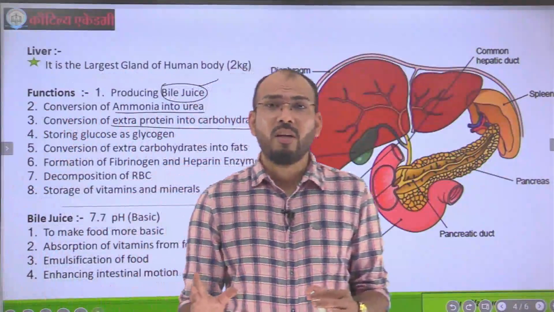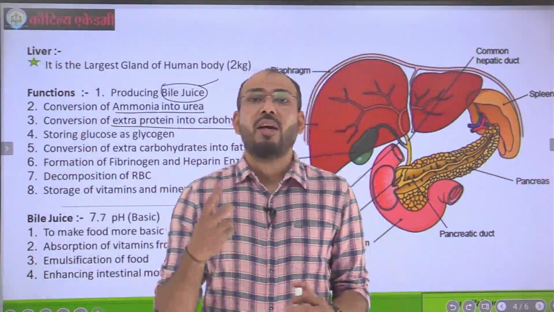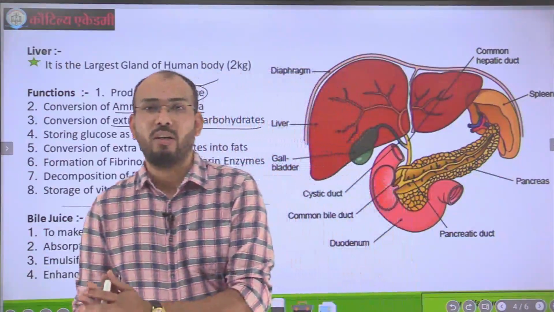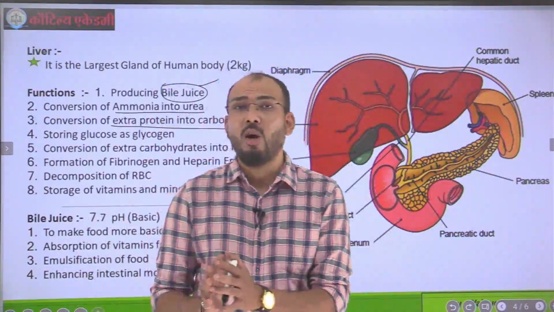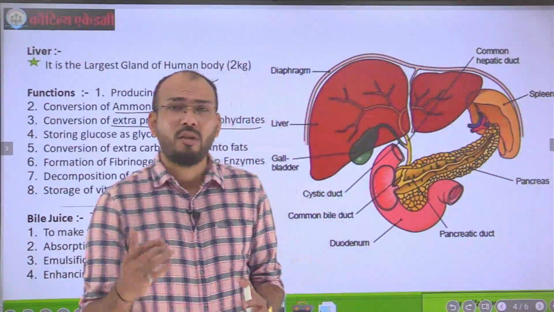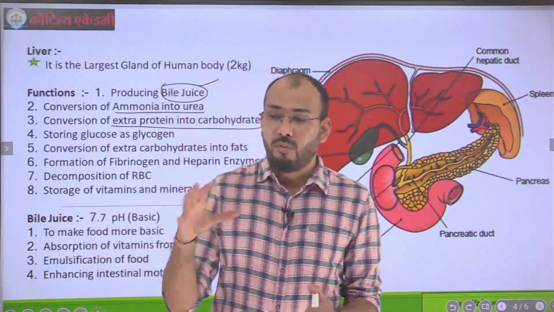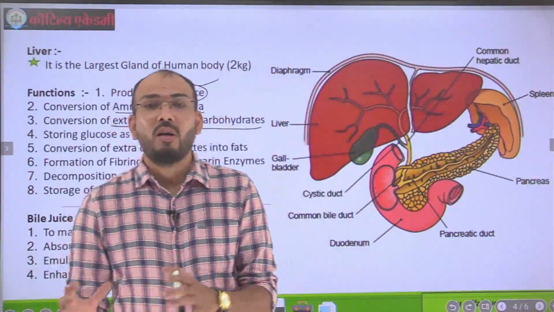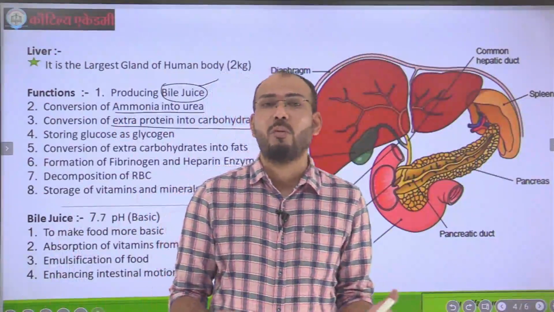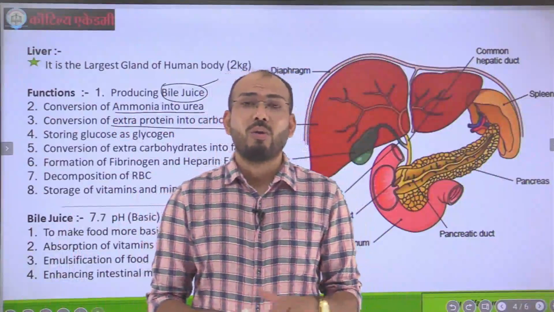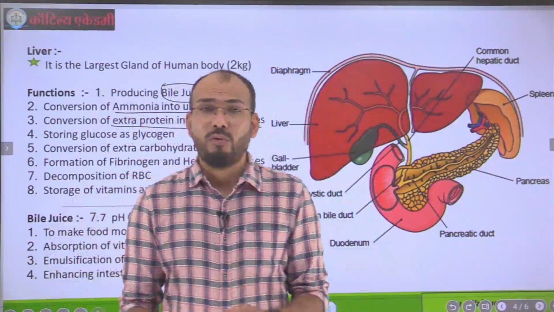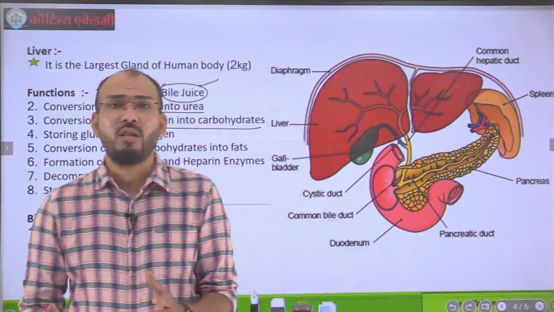So if a person needs an extreme energy source, then the liver converts the extra protein into carbohydrate, because protein, carbohydrate and fat are all hydrocarbons, with only a difference in densities. Fat is a very dense hydrocarbon, carbohydrate is comparatively less dense, and protein is the rarest form. So protein is converted into carbohydrate to satisfy the energy needs of the body.